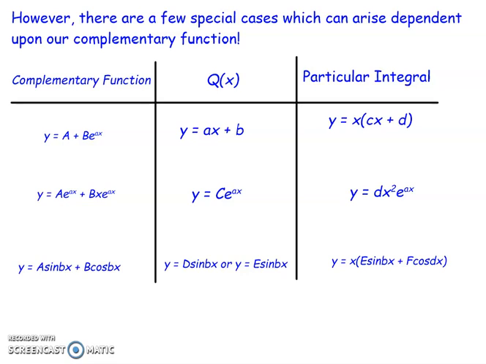Now again for this one here, if I have a complementary function in the format of a trig one where I've got a sine bx plus b cos bx, and I take a q of x being of the form d sine bx or e sine bx, something along those lines, in order to ensure that my sines or my cosines are not enveloped again by the sine or the cosine, I take my particular integral to be e sine bx plus f cos bx as we did before, but multiply the whole thing by x.